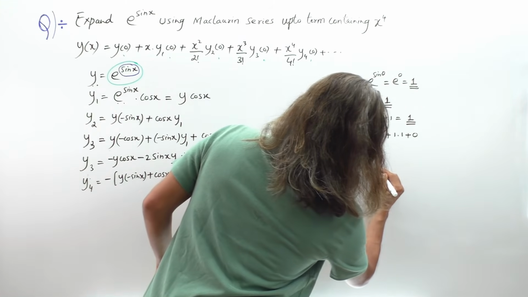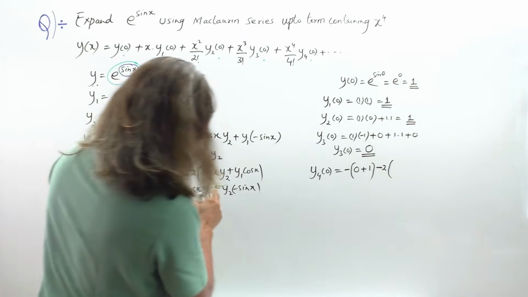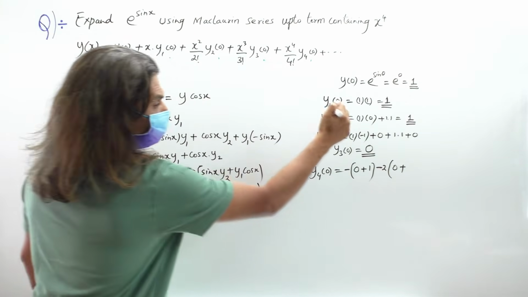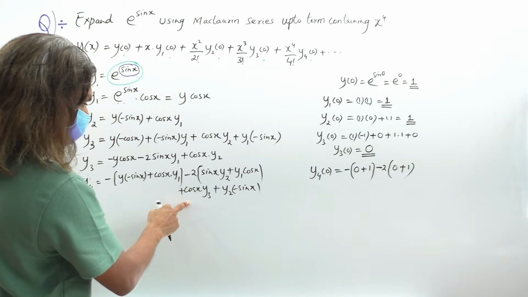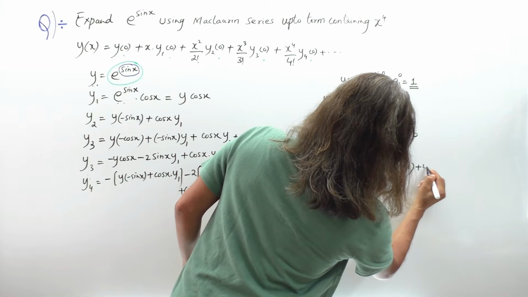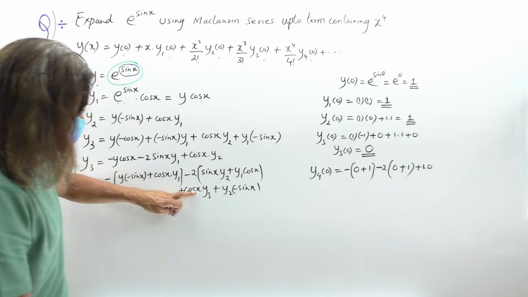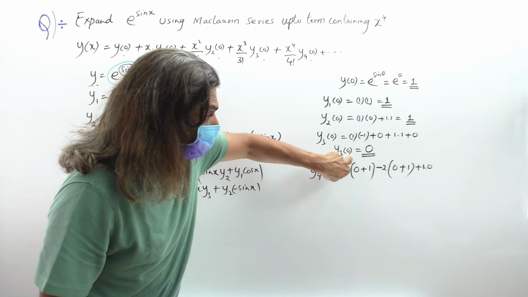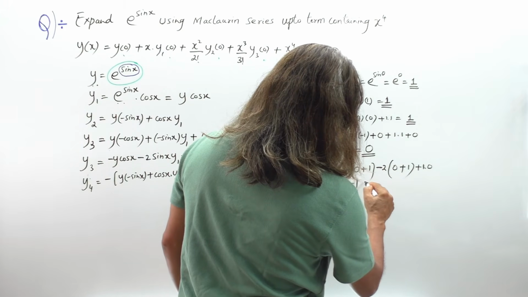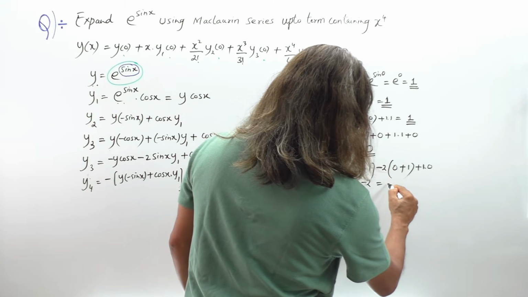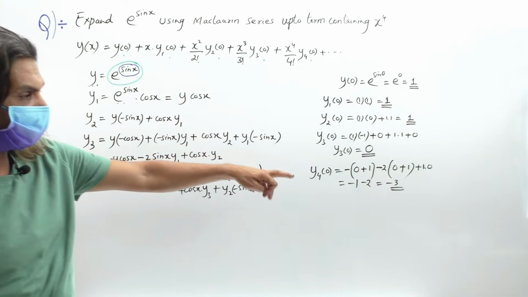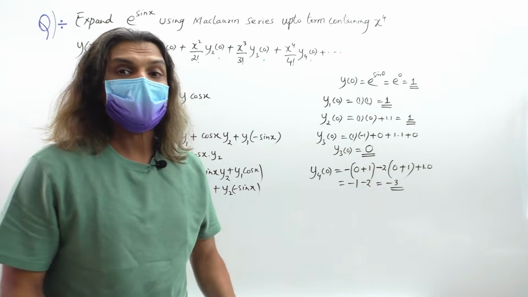Minus 2 into sin 0 is 0, anything times 0 is 0, plus cos 0 is 1 and y1 is 1, plus 1, plus cos 0 is 1 and y3 is 0, so plus 1 into 0. Am I right? Cos 0 is 1 but y3 is 0. So it becomes minus 1 minus 2, that is equal to minus 3. That means we have y4 of 0 is equal to minus 3.